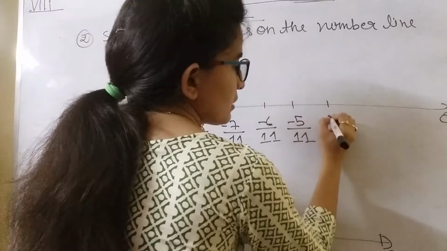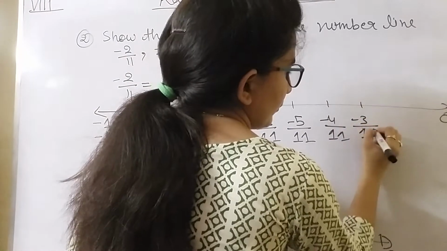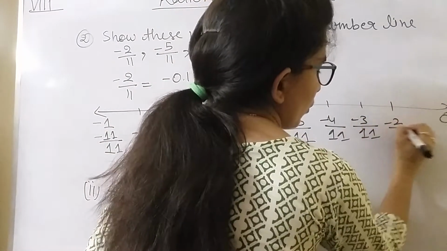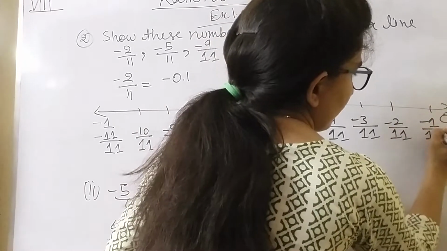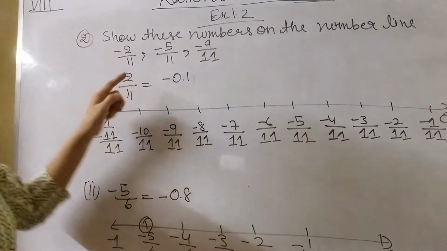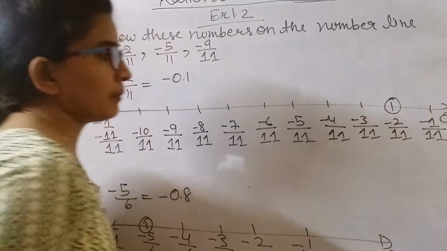Next is minus 4 upon 11. Minus 3 upon 11. Minus 2 upon 11 and minus 1 upon 11. So we have to mark minus 2 upon 11, that will come here.